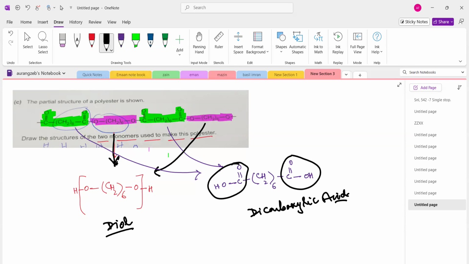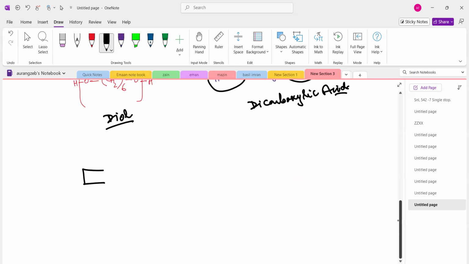What if they ask to draw the polymer? So look at this. I have this box which shows the chain of carbon atoms, bonded with a carboxyl group and another carboxyl group. It's a dicarboxylic acid.